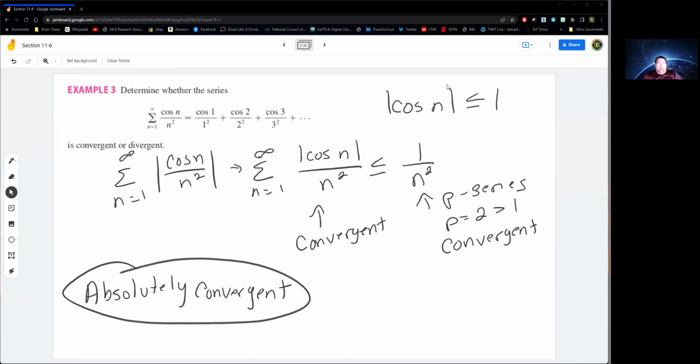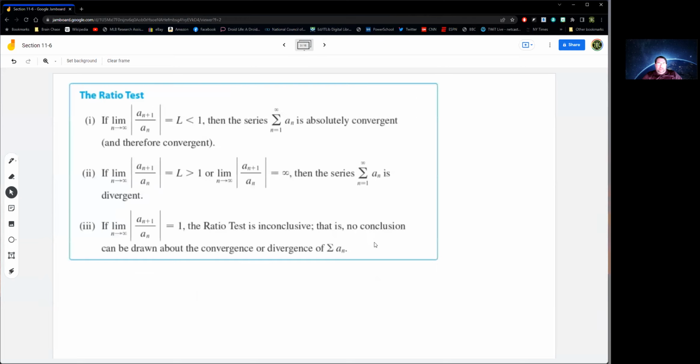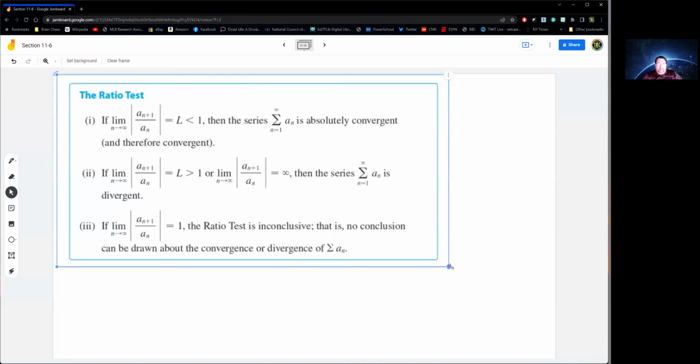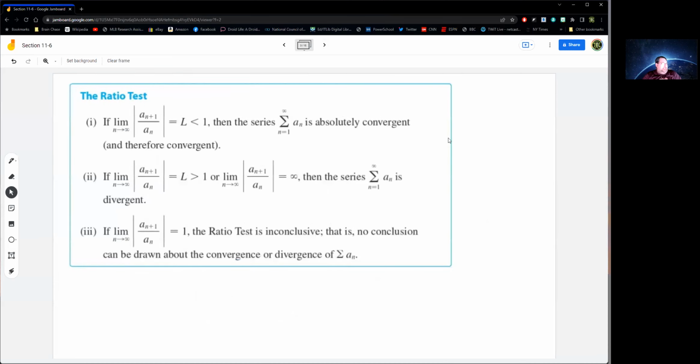All right. Now let's actually use it. This is the ratio test. What the ratio test basically says is if I take a term and the next term for it, that's where you get the n plus 1, that's the next term.